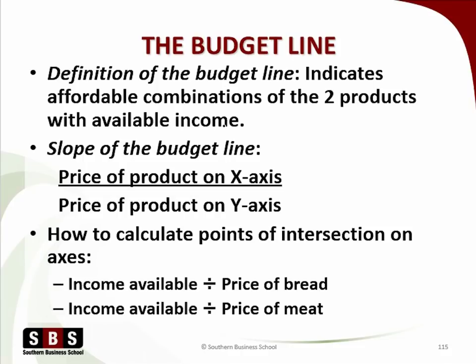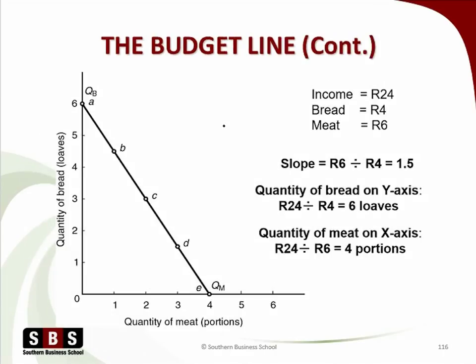How to calculate points of intersection on the axis. Your income available divided... okay, I'll get to that. Let's go to the next slide, then I'll explain it. So basically, in terms of a budget line, if you want to work out the price and you're given certain information, maybe you're given your total income is 24 Rand.